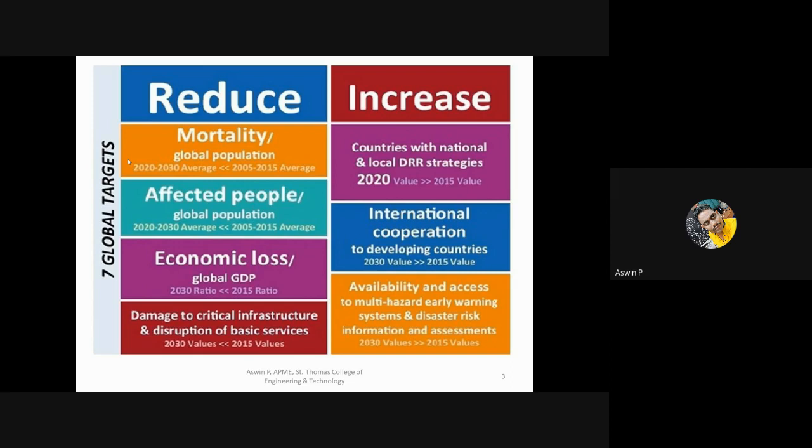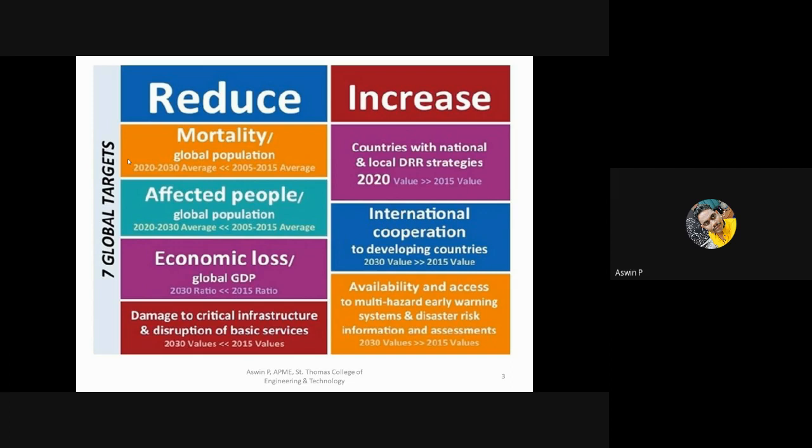And also, there should be a large increase in international cooperation. Why? We need to protect the developing countries. We need to give assistance to developing countries, as some countries have well equipped and well developed technology, so they can easily help the developing countries when a disaster happens.